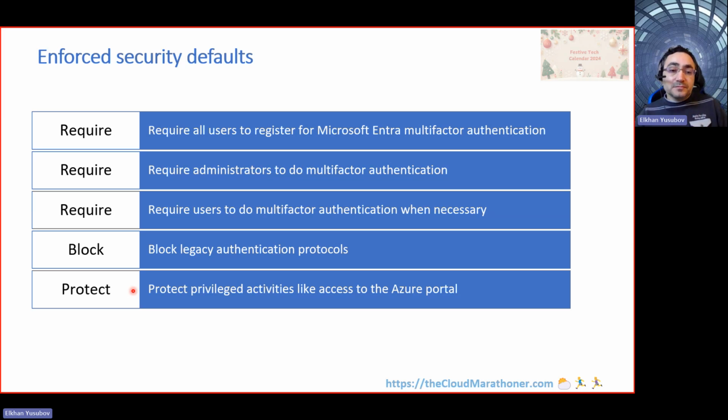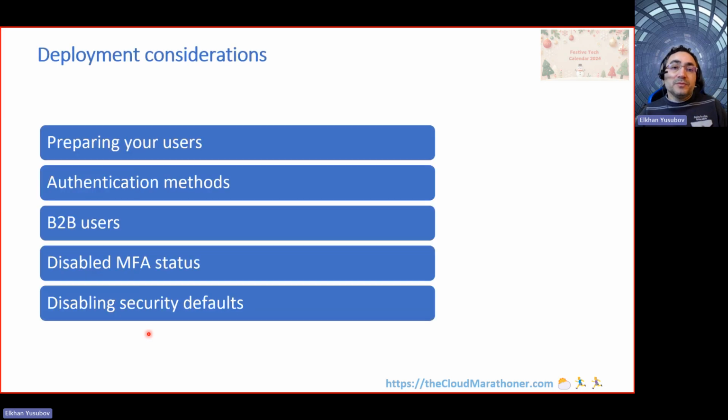Now let's look at deployment considerations, once you check all these requirements and you want to go ahead with enabling security defaults on your Azure tenant. For deployment, there are 5 different considerations. First one here is preparing your users, right?